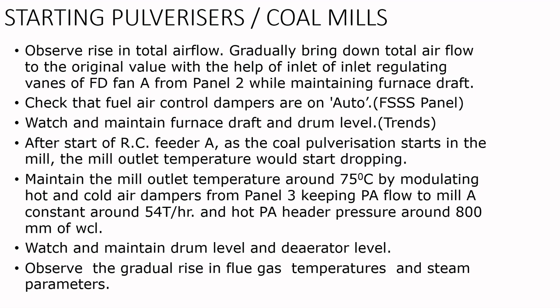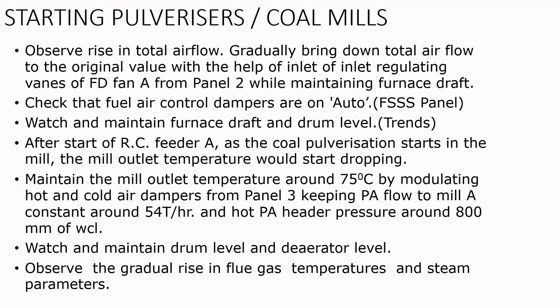Now after starting of the raw coal feeder A, as the coal pulverization will start, the mill outlet temperature would start dropping. That also you can observe. Now maintain the mill outlet temperature around 75 degrees by modulating hot and cold air dampers from panel number 3, keeping the PA flow to mill A constant around 54 tons per hour and hot PA header pressure around 800 millimeters of water column.